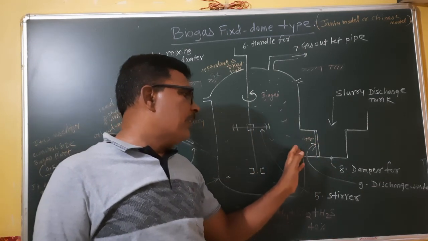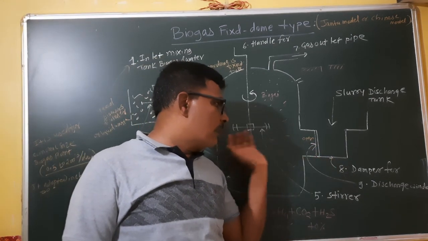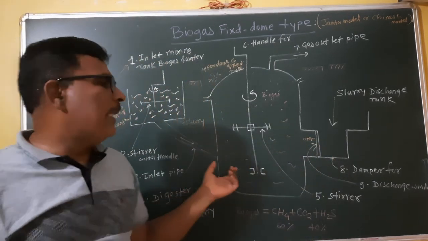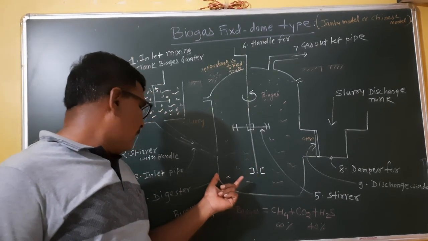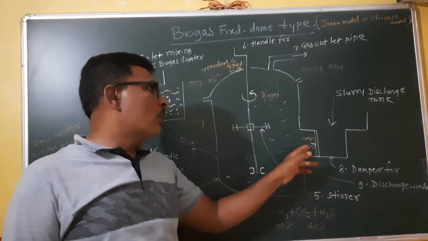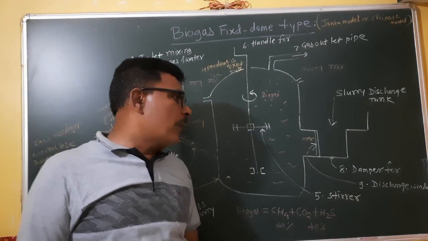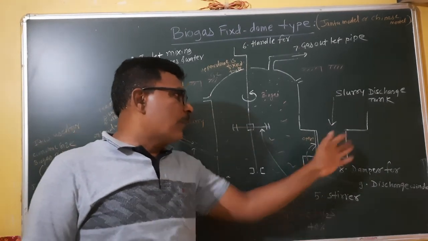Finally it is discharged through that discharge window, and fresh material is taken inside the digester tank. For this wasted material we open the damper for the discharging window, and the slurry can be removed to the discharge tank.